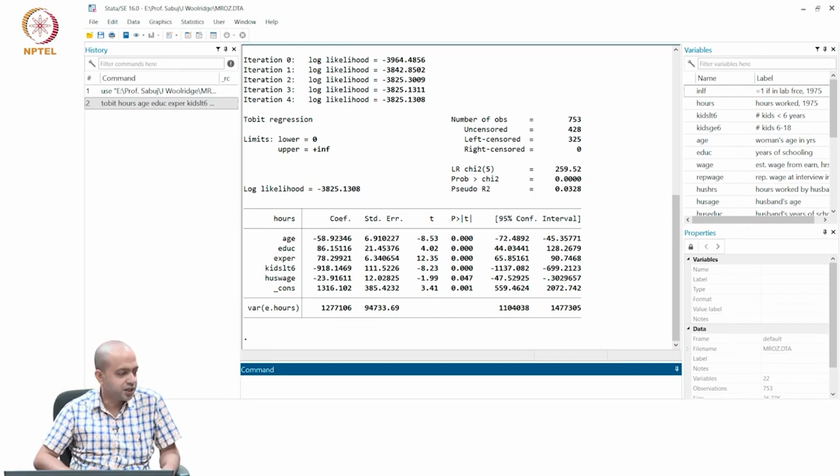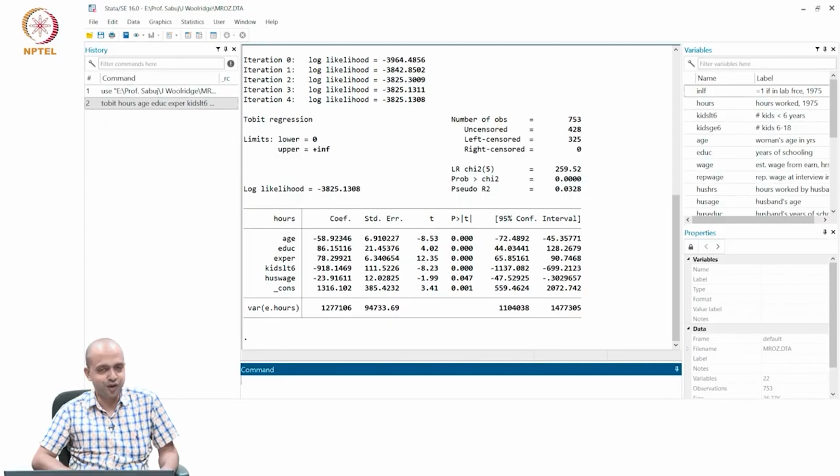That means, can we say that as age increases by 1 unit, or 1 year, then the labor supply goes down by 58.92 hours? If we can do so, then we can directly say that these coefficients are actually the marginal effects, right. Can we do that? The answer is no. Okay? The answer is no.